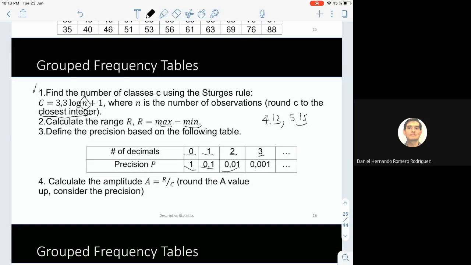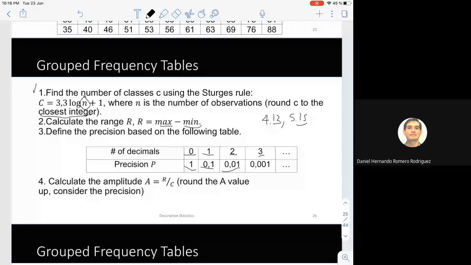But I just want to give you a quick idea of why the precision is important. When we're building the intervals, it is important because we avoid overlapping of observations. Thanks to the precision, we will make sure that there is no observation that falls in the limits of two consecutive classes. Why? Because later on you will see that at some step we take the precision and divide it by 2.